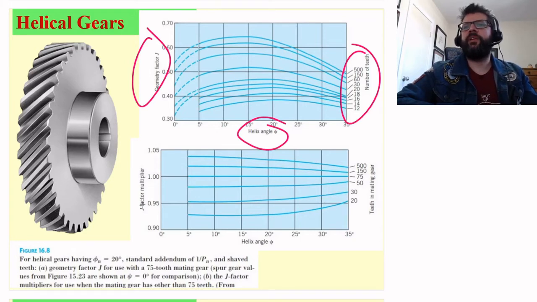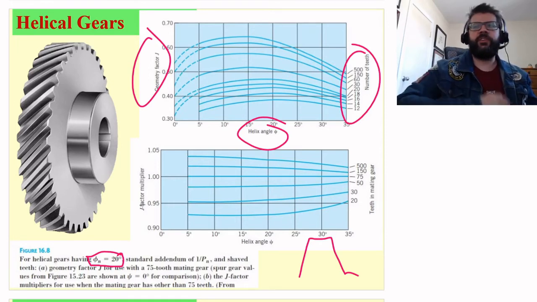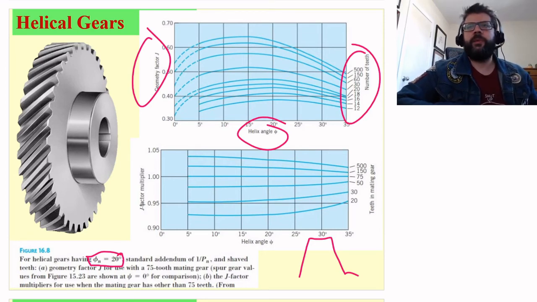And these are all based upon having a normal pressure angle of 20 degrees, again, when we're looking at the tooth straight on. Essentially, when we're using our hobs or what have you to cut our gears, we're still using the same profile that we're cutting. We're just cutting it at an angle.